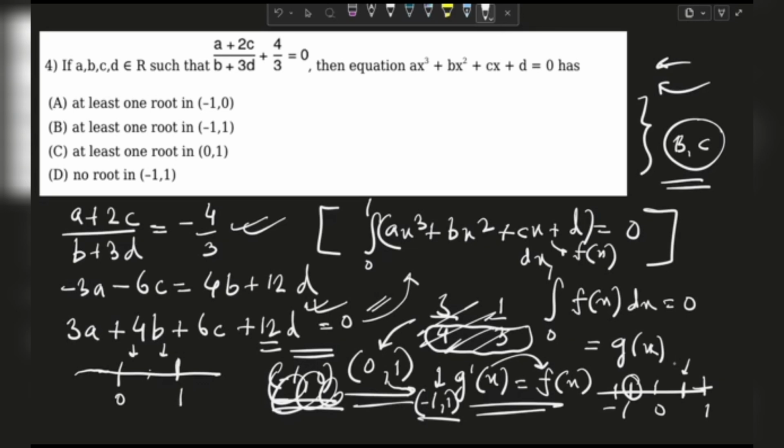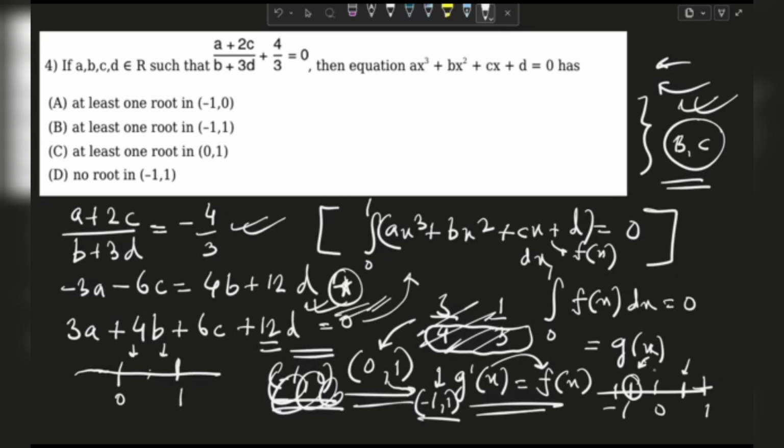Anyway, no root in -1 to 1 will obviously be false, because there is at least one root between 0 to 1. So obviously there has to be at least two roots in between -1 to 1. So option D is also wrong. So B and C are the correct options for this one. This was a simple application of Rolle's theorem, but a little bit of observation is required.